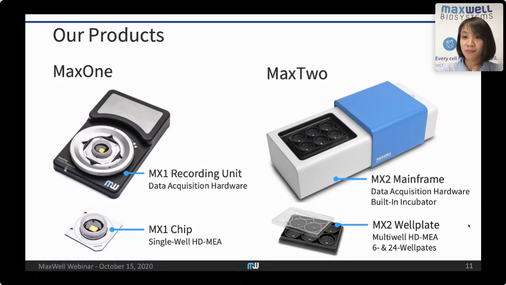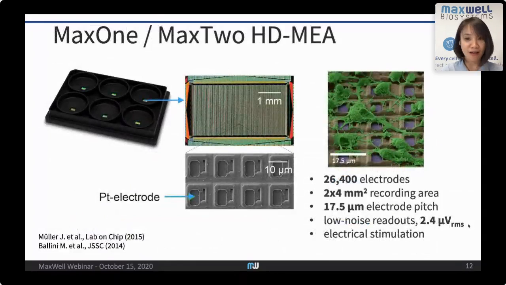Now, the most important part of this is actually the chip inside of each well. For every well, we have this sensor, which has 26,400 electrodes within a 2 by 4 millimeter square area. And the distance between two electrodes is 17.5 micrometers center to center.